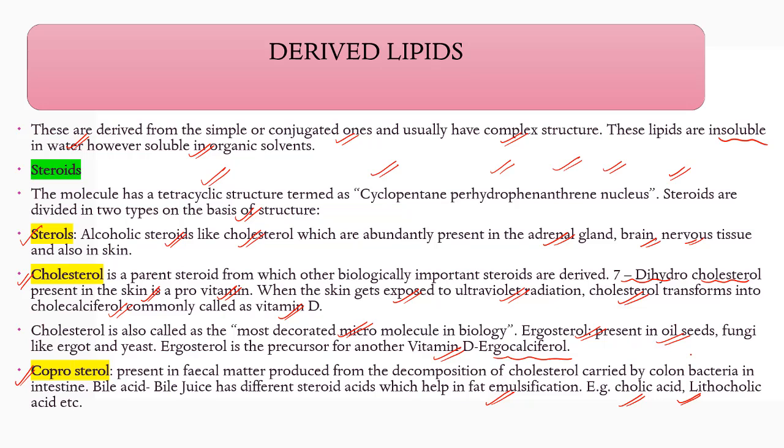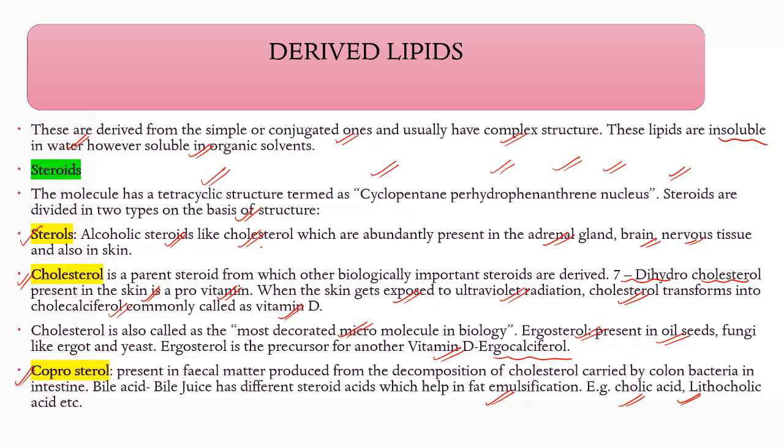Cholesterol is a parent steroid from which other biologically active molecules are derived, like 7-dihydrocholesterol, which is present in the skin and acts as a provitamin. When this provitamin comes in contact with UV radiation, it converts into cholecalciferol, which is vitamin D. Ergosterol, present in oil seeds and fungi like ergot and yeast, is the precursor of another vitamin D, ergocalciferol.